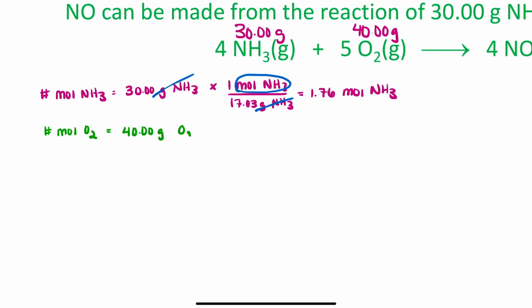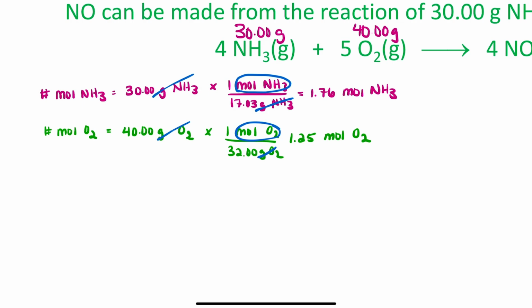I have 40 grams of O2. I know that 1 mole of O2 weighs 32 grams. Again, I added up the molar mass. Make sure that what I want to cancel is canceling and I'm getting the units I want. And I find that I have 1.25 moles of O2.